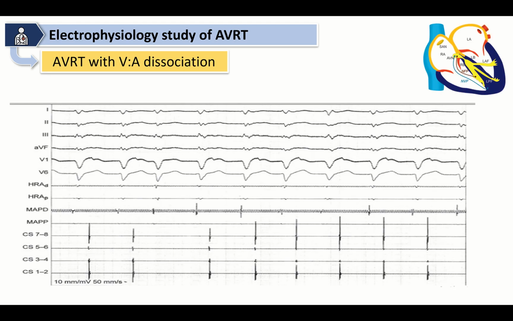However, there is a rare exception, the nodofascicular connection between AV node and right bundle or ventricle, and there is VA dissociation, V more than A, as we can appreciate in this example.